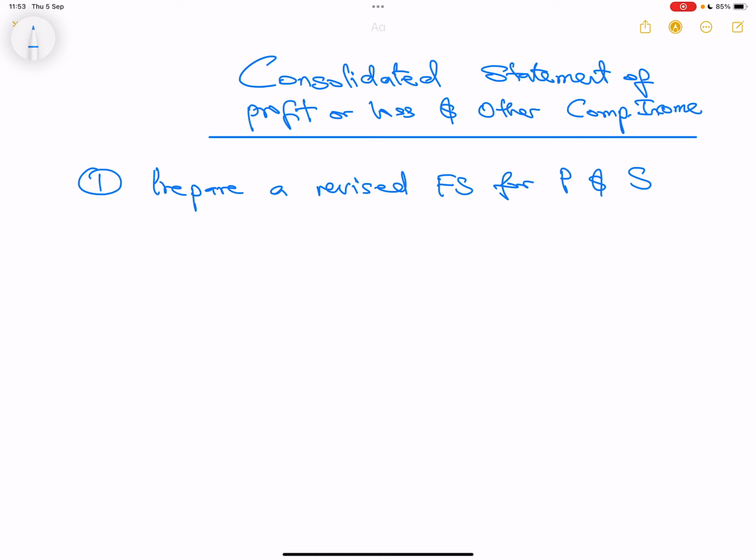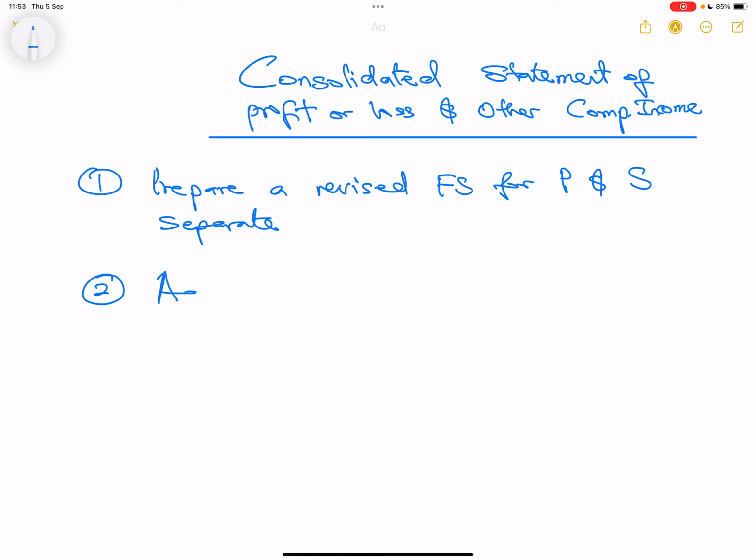So you prepare it separately. This has to be separate. Some people call this a consolidation schedule, but I don't want it to look confusing to you. So prepare it, and I will show you how to do that individually, and we're also going to practicalize it using the questions.